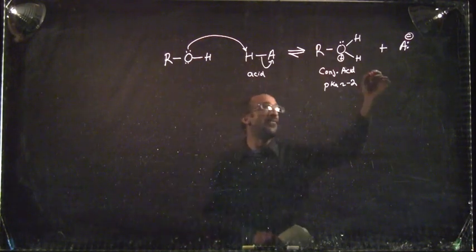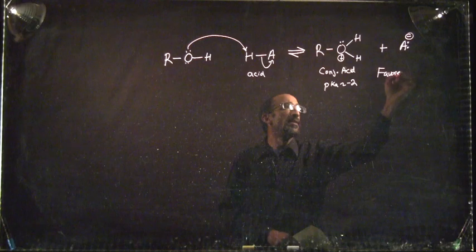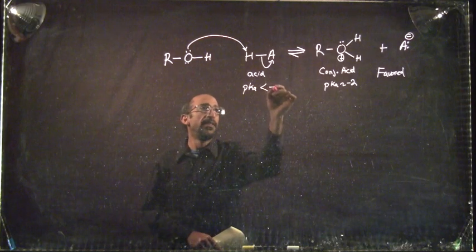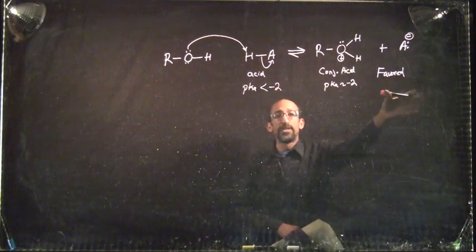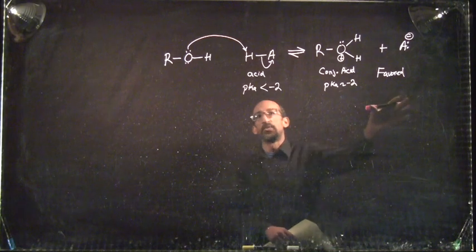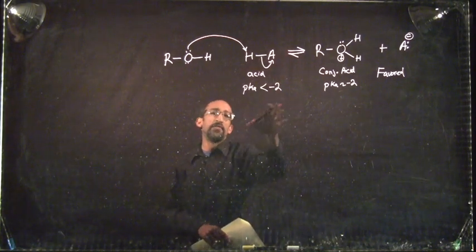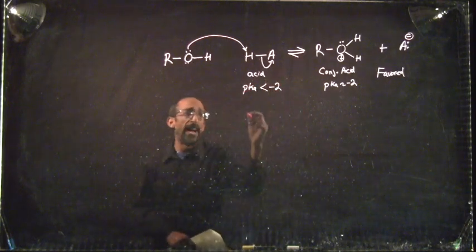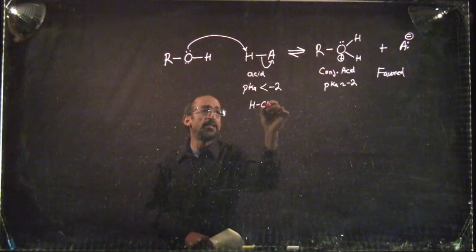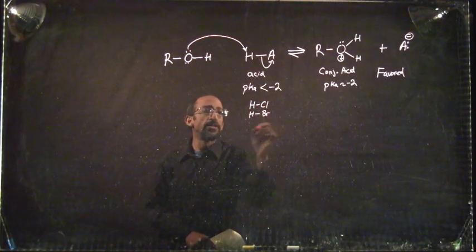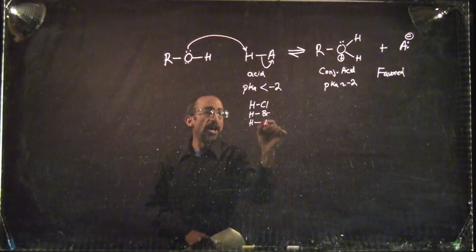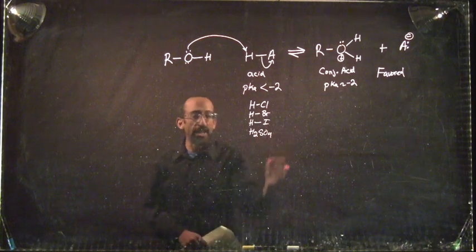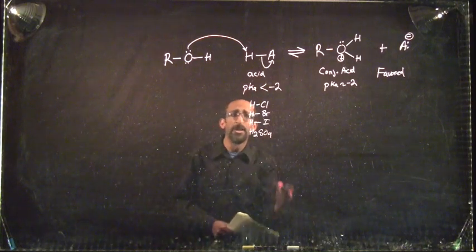So for this to be favored, we need a pKa less than -2 in order for this side of the equilibrium to dominate in this reaction. That means if we combine an alcohol with a strong acid, and this is typically going to be our mineral acids, so these are our HCl, HBr, HI, sulfuric acid, H2SO4, nitric acid, any of what we call our mineral acids.